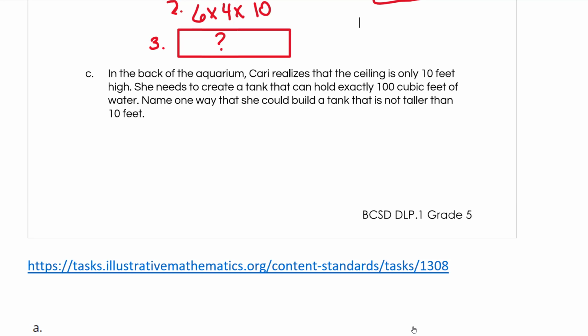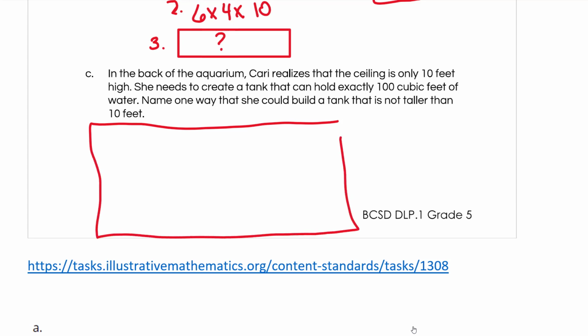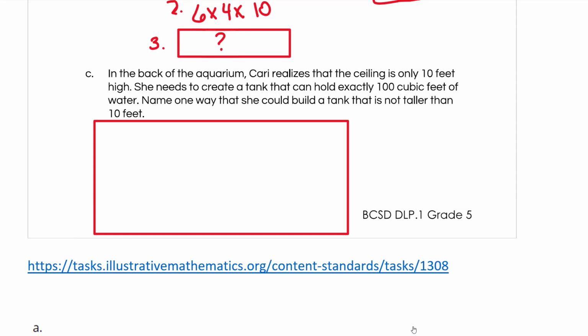So what she's talking about is in her building, the back wall back here that has this pretty old picture of something is only 10 feet tall, so it cannot be taller than 10 feet.